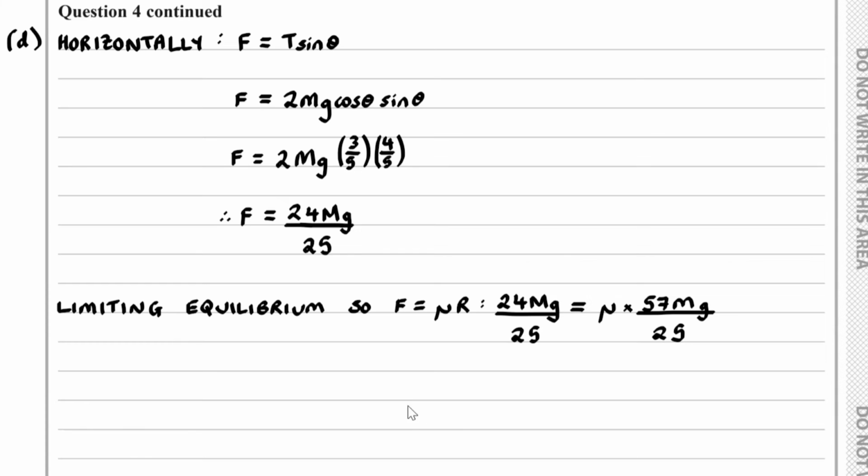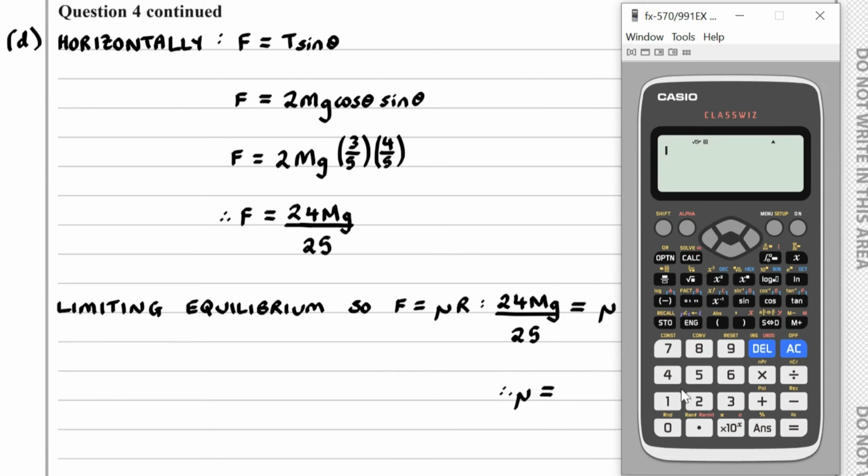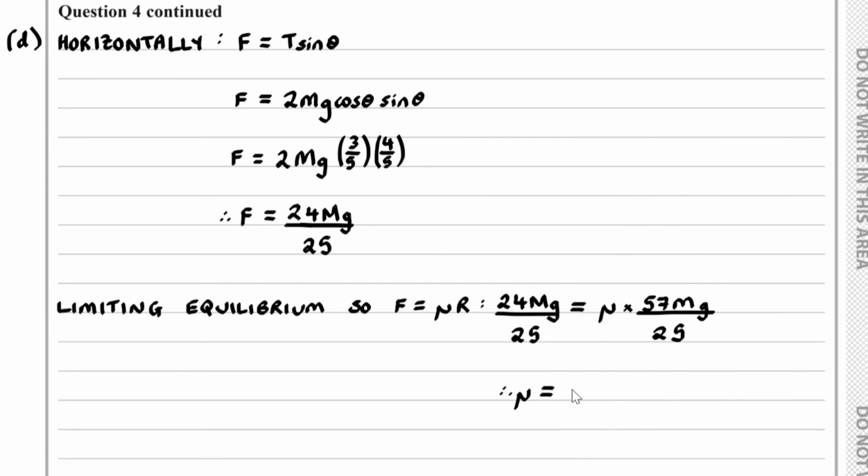And so therefore, we can conclude from here, mu is equal to, well, the 25's cancel on both sides, so we have 24 divided by 57, which is 8 over 19. So mu is equal to 8 over 19.